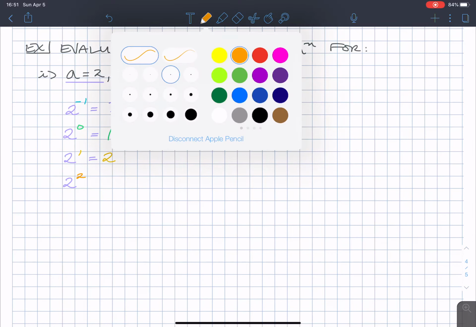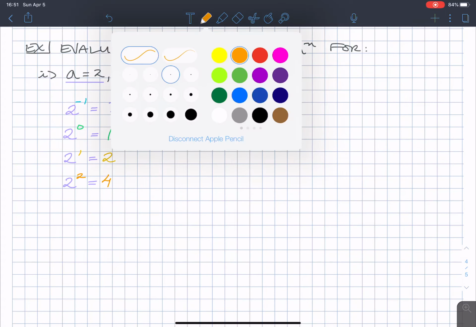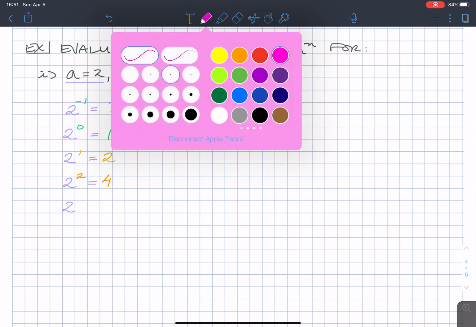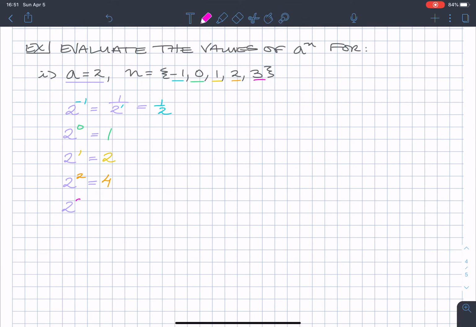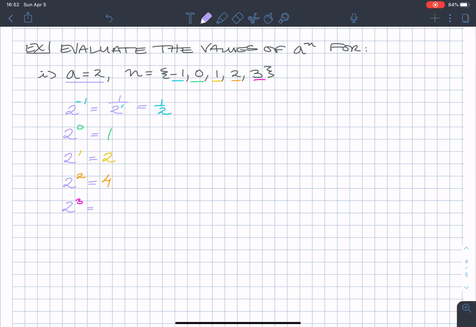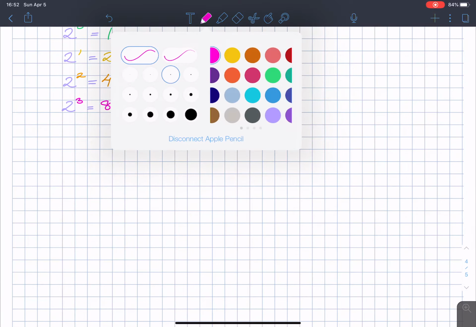So 2 times 2 is 4. And last but not least, let's do 2 raised to the third power. That's 2 times 2, which is 4, times 2, which is 8. So there we are.